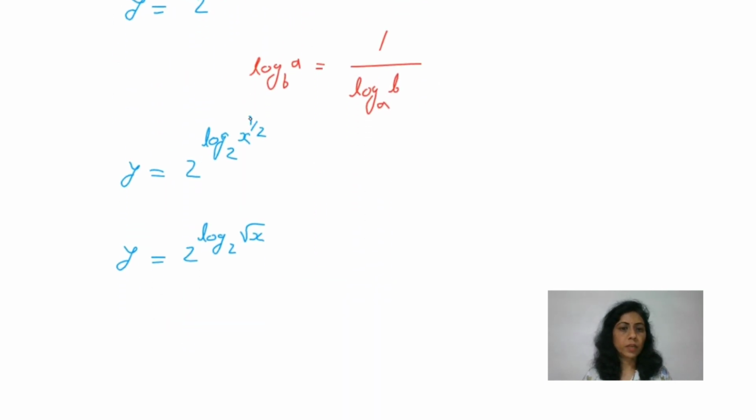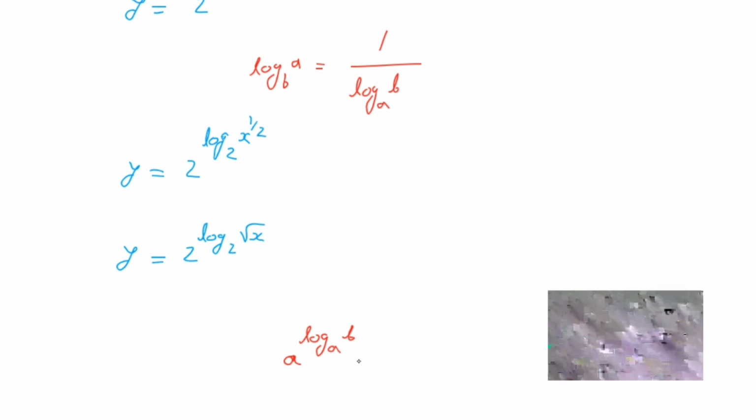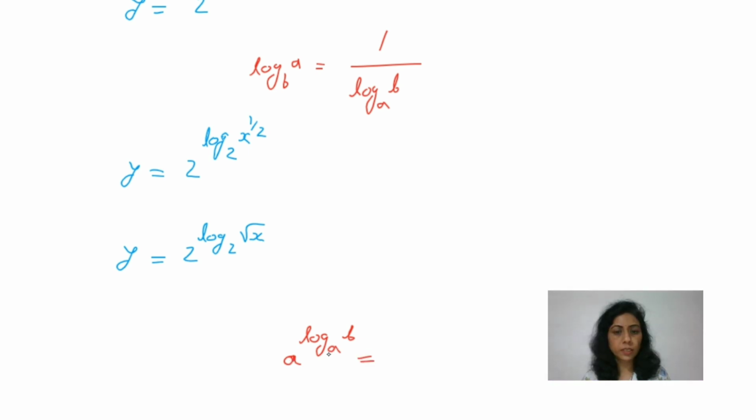So x to the power 1 upon 2 we can write as square root x, and we know the logarithmic property a to the power log b base a equals b, so this cancels and we just get b.